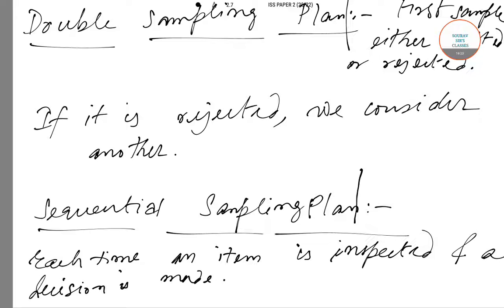An inspection procedure used to determine whether to accept or reject the specific quantity of materials. Now, the quality level desired by the consumer must be verified in this sequential sampling plan.